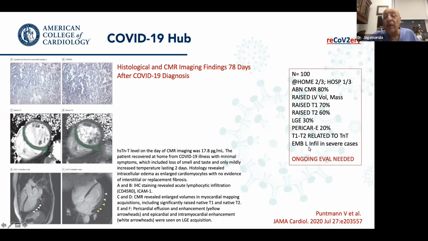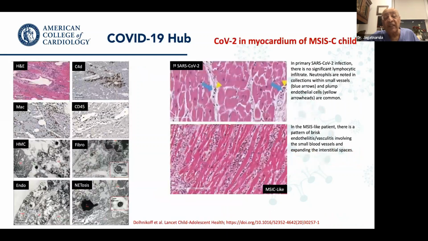The endomyocardial biopsy was done in the most severely involved cases as verified by the CMR, but did not demonstrate much. There were only a few lymphocytes here or there rather than a significant myocarditis, again suggesting that it is probably the microvascular thrombi or the cytokine excess and not the myocarditis which indeed occurs in such cases.